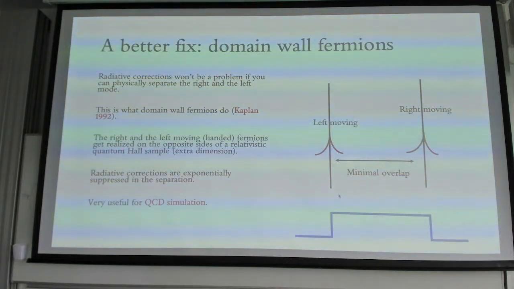This is something my collaborator did in 1992. He proposed this and it seemed to work really well. So the idea of domain wall fermions is just a relativistic quantum Hall effect in 5 dimensions. This is very useful for QCD simulations.